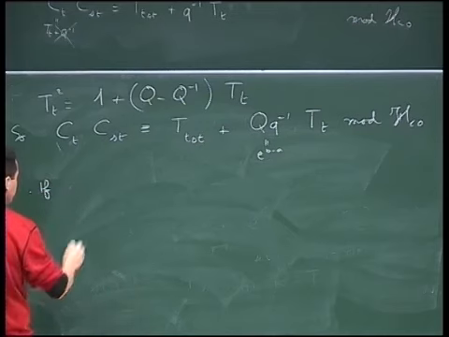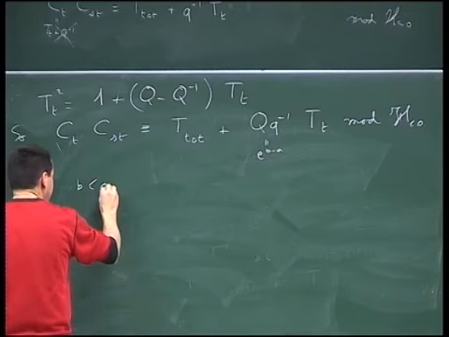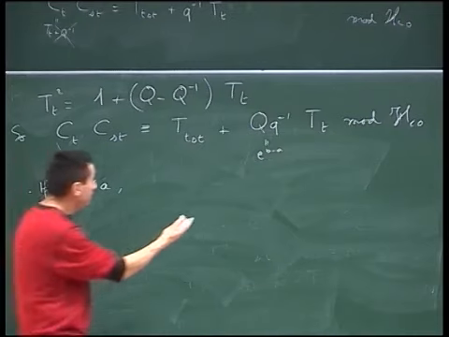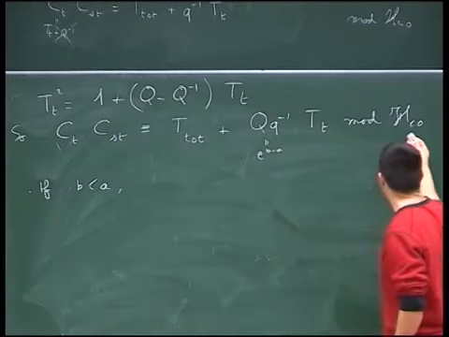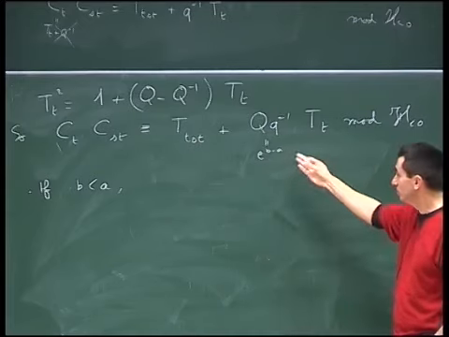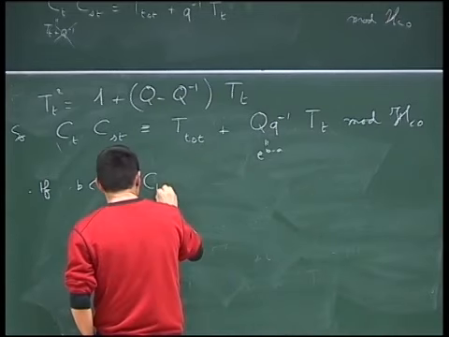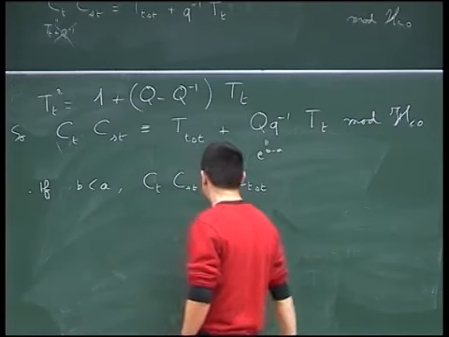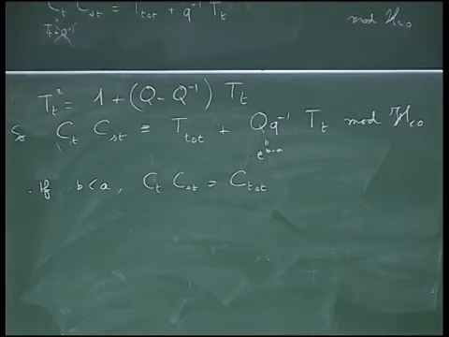So if B is less than A, this element lives in the negative part. So because of this congruence, you get that CT times CST is equal to CTST. So you have constructed your CTST.